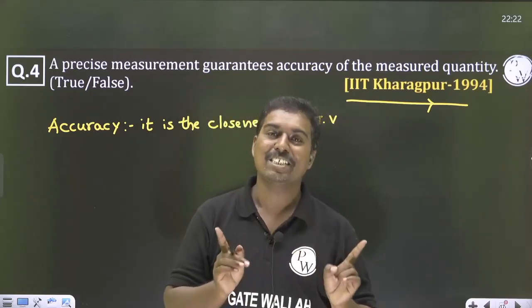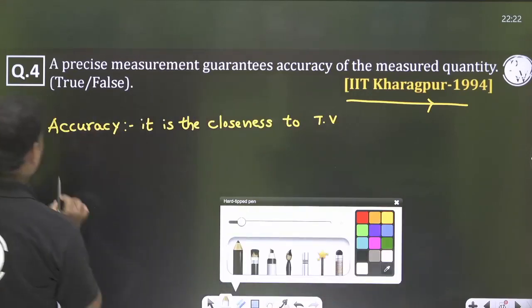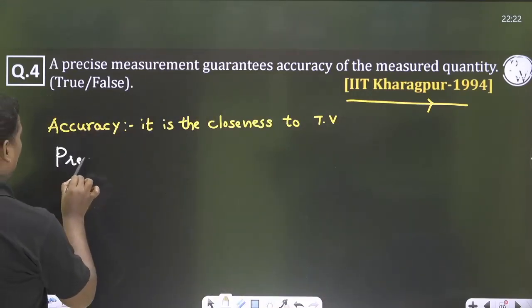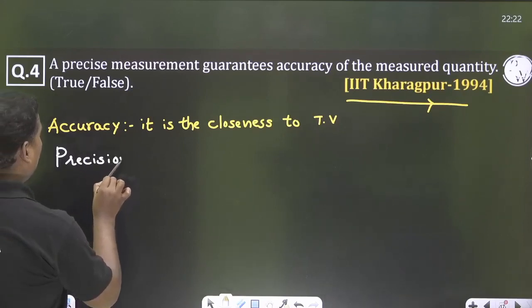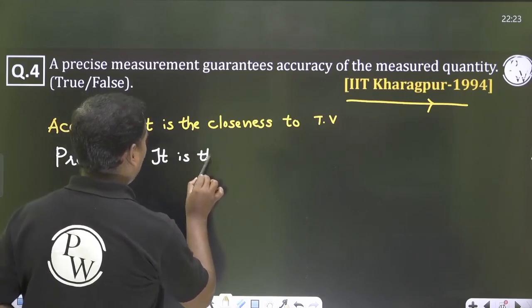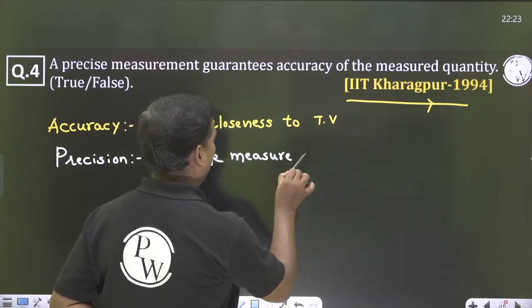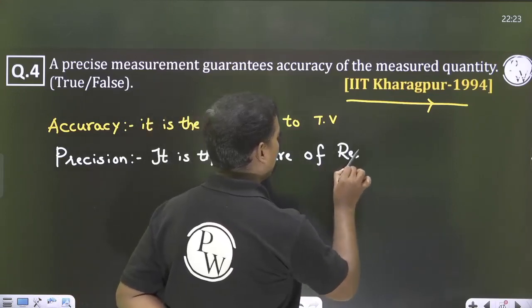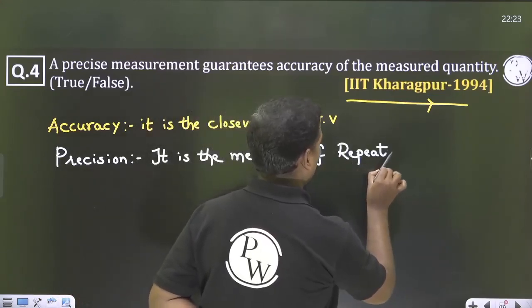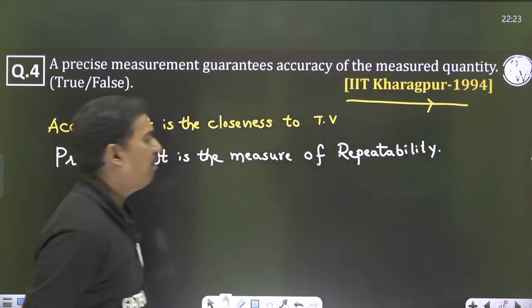But precision is different. Precision is the measure of repeatability.